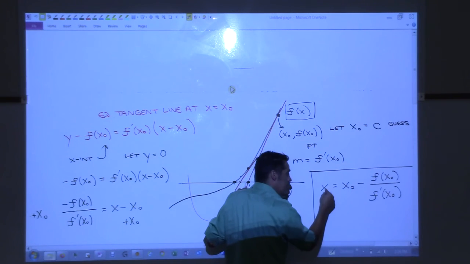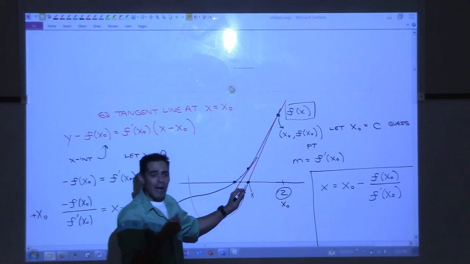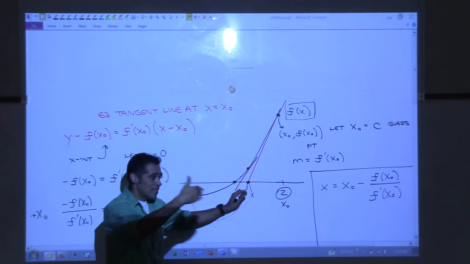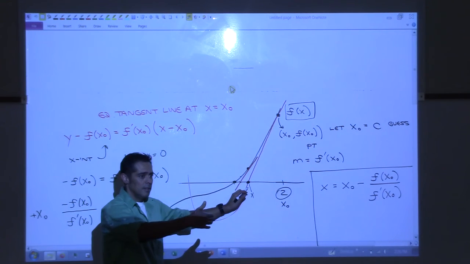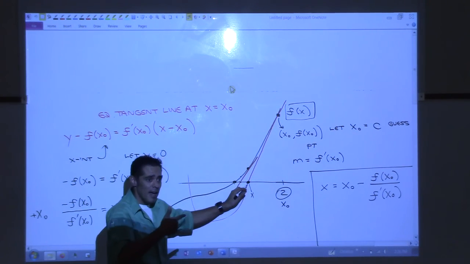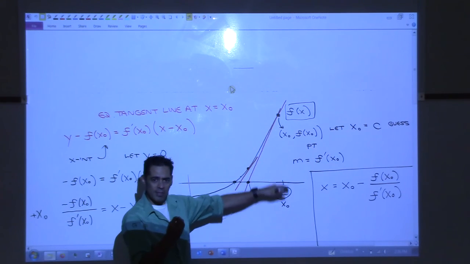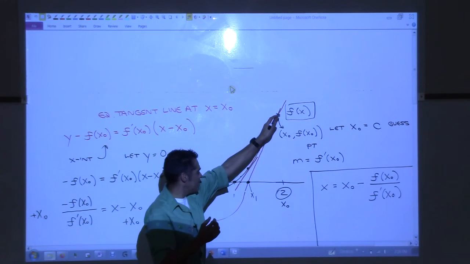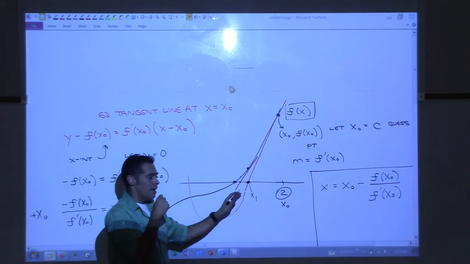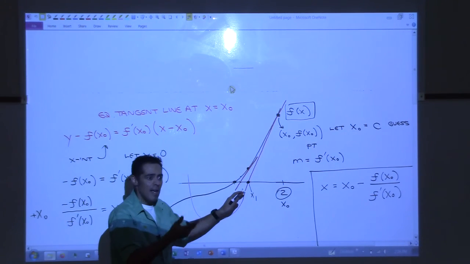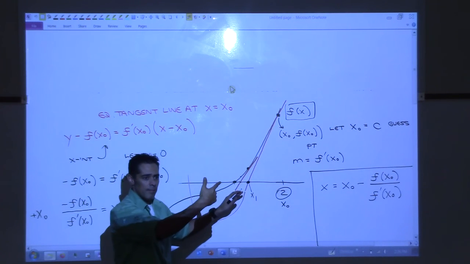X naught goes in, we've got the new x value. This new x value is going to be my next guess. I'm going to call this next guess x sub 1. This was x sub 0, the initial guess, and having that initial guess spits out the second number, x sub 1, which is going to be my next guess. And I'm going to run it through the same algorithm.